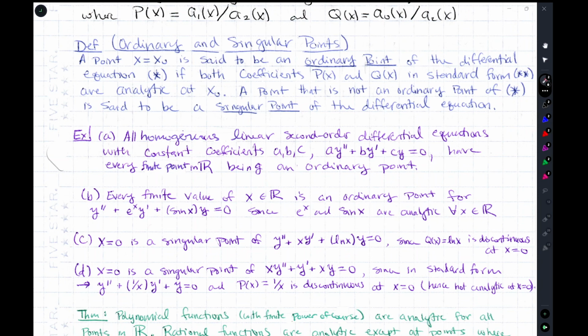Because it's discontinuous at x equals 0, it's hence not analytic at x equals 0. So here q of x fails even though p of x does not. Okay, so all you need is one of those to fail, p of x or q of x or both. x equals 0 is a singular point of this. Now why is that?